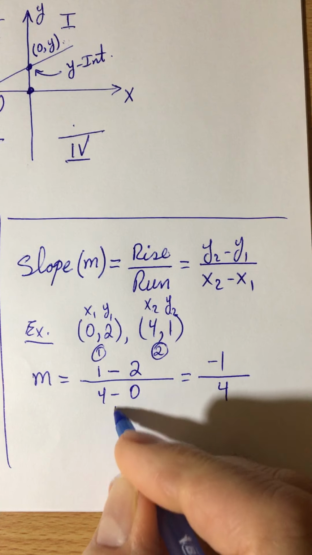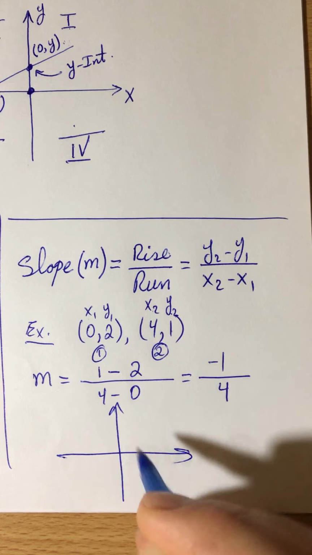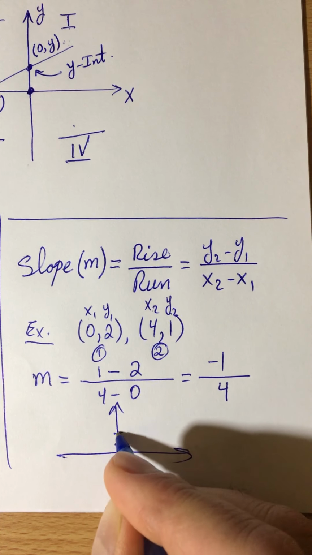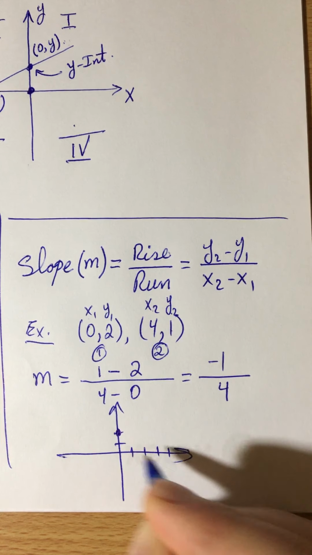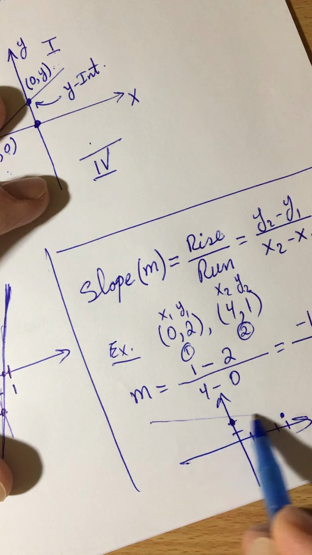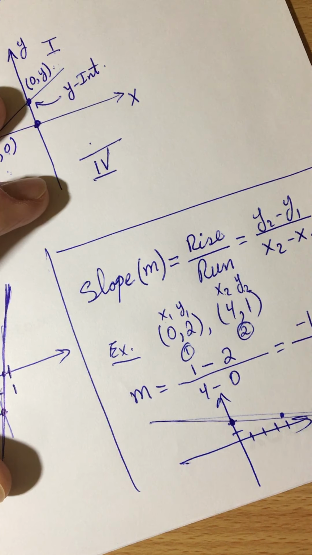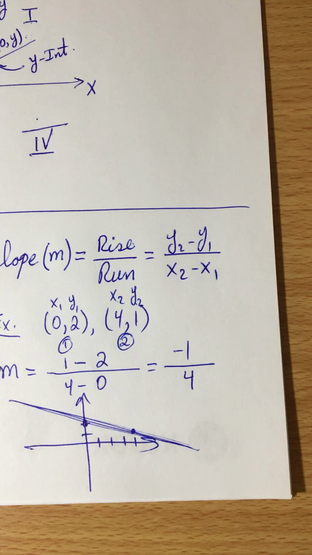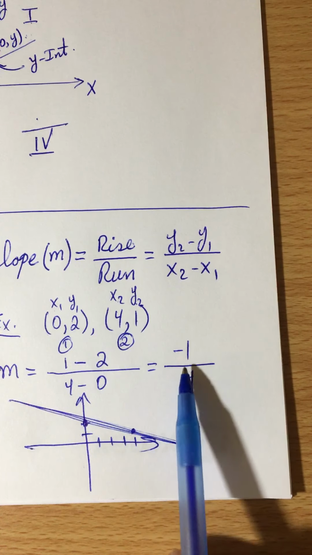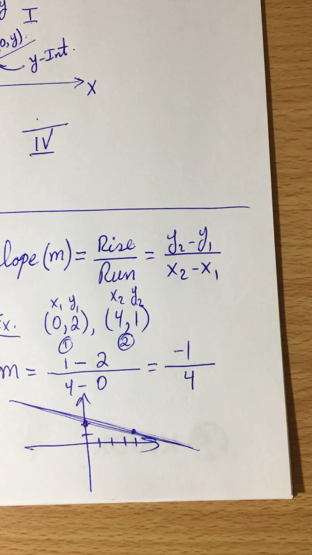If I were to graph these 2 points, 0 and 2, that happens to be the y-intercept, and 4 and 1, then if I can draw a straight line, hey, I did it, almost. No luck. That would be the graph of the line that passes through those 2 points, and the slope of it is negative 1/4. So that's how you calculate the slope.